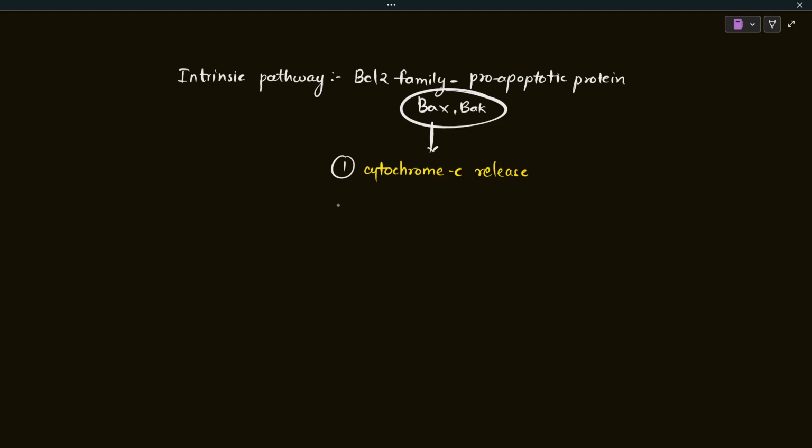Once cytochrome C is released in the cytosol, it goes and binds to APAF1, which is known as apoptotic protease activating factor.